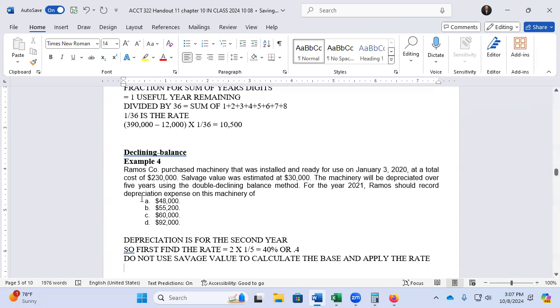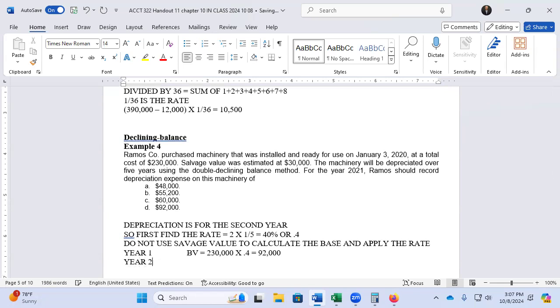So here, year one, we had book value equals 230,000, which we multiply by 0.4, and we end up with 92,000.